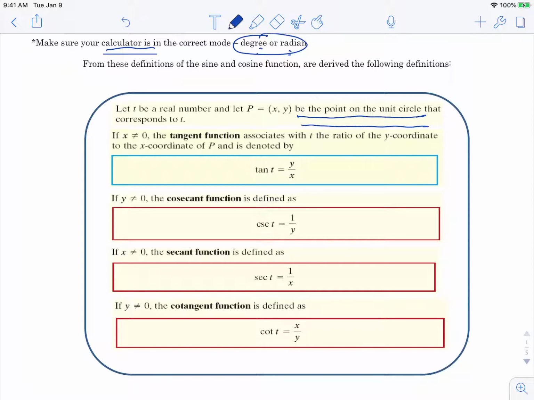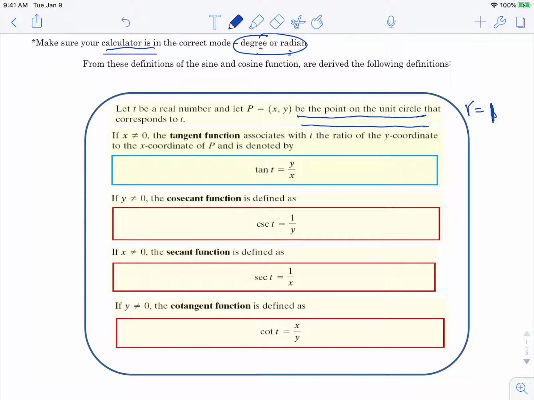Remember, that's important because then we know our radius is 1. So we know tangent of t is y over x. That will be the case no matter what because it's not involving my radius whatsoever. In other words, in our triangle, it's not involving my hypotenuse.